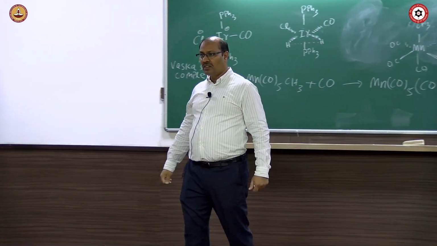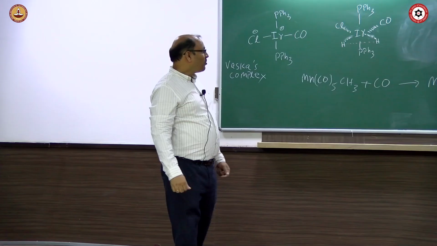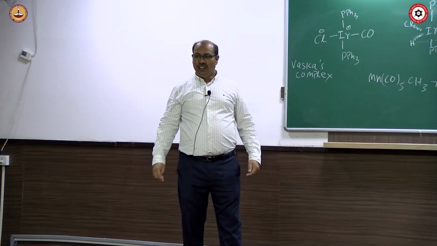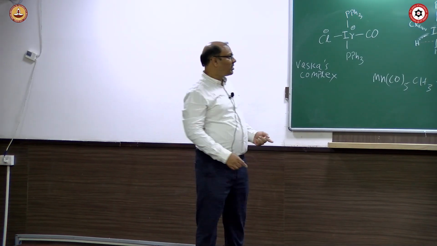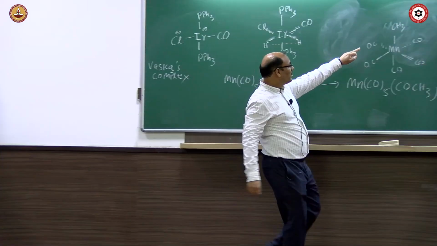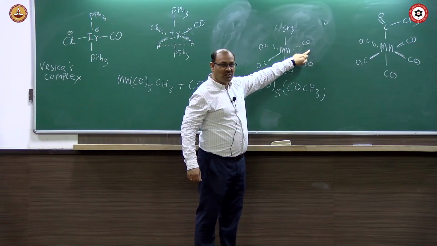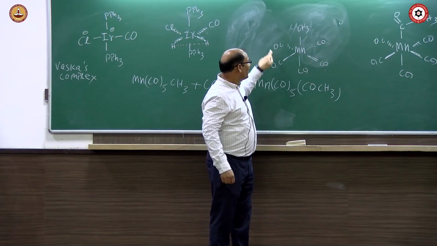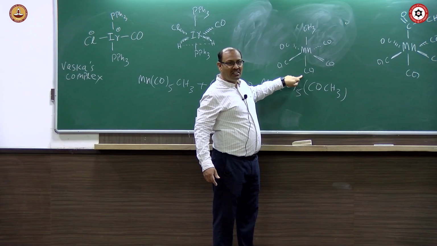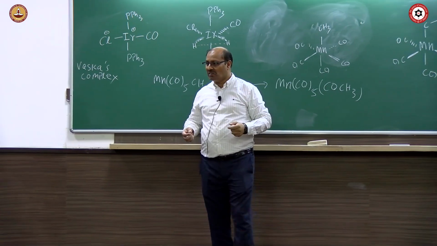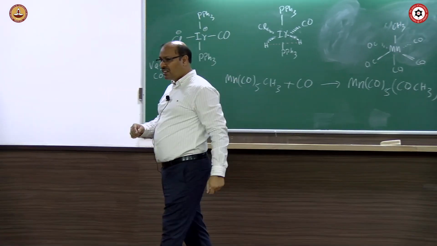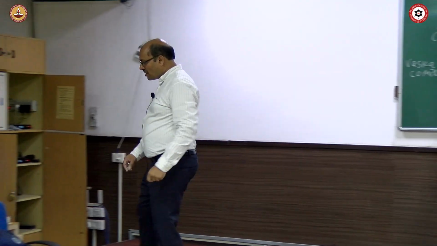Okay. In MnCO5CH3, the position of CH3 could be anywhere. Instead of here, I can put the methyl here also. Here, anywhere you want to put, no problem, right? Because in an octahedral compound, 5 positions are carbon monoxide, 1 is a methyl, right?